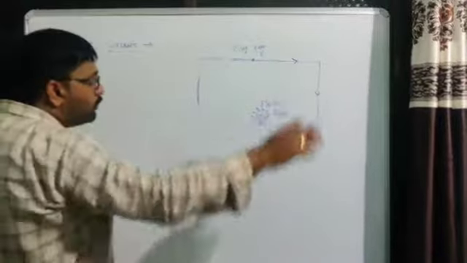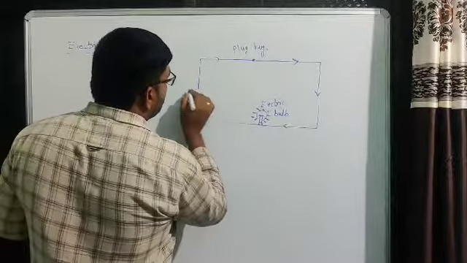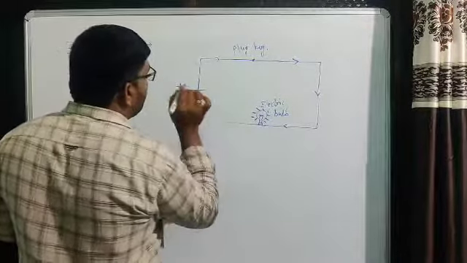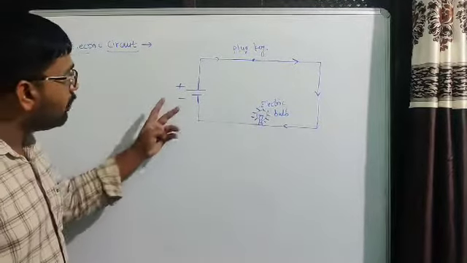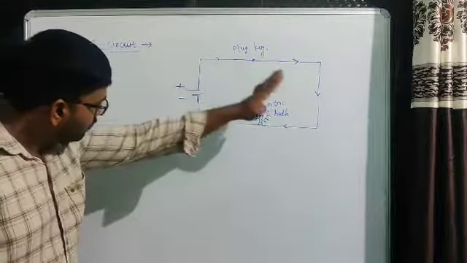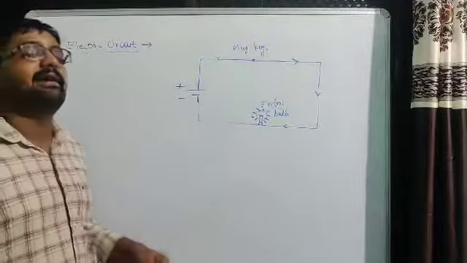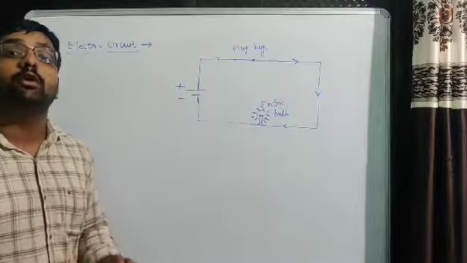If you want current to flow through this circuit, we always have to connect the cell here. Without that, flow of current through this electric circuit is not possible.